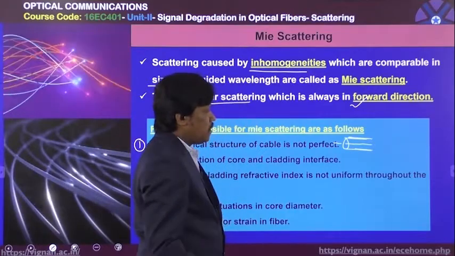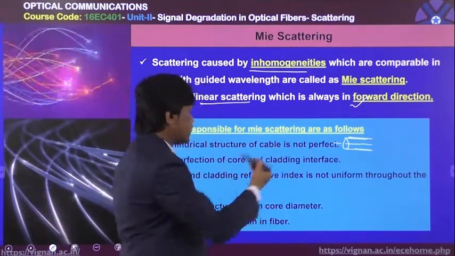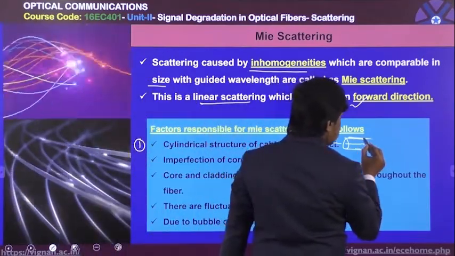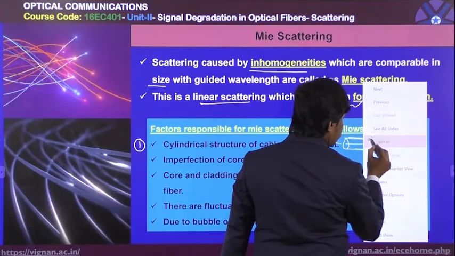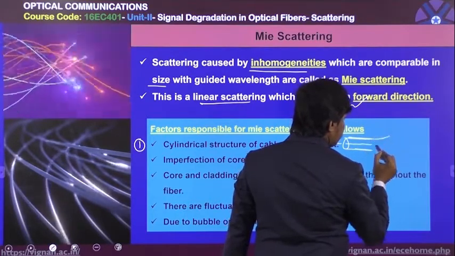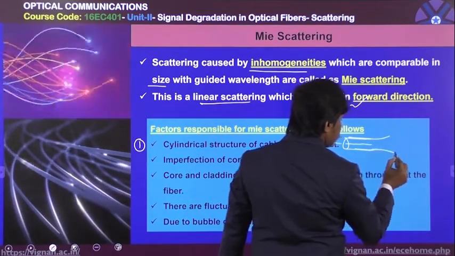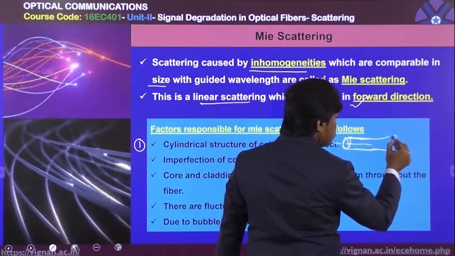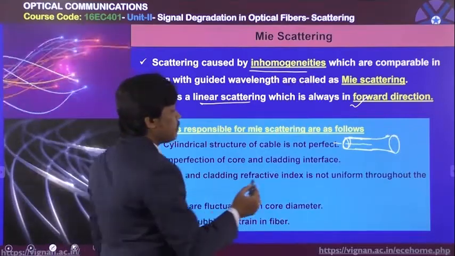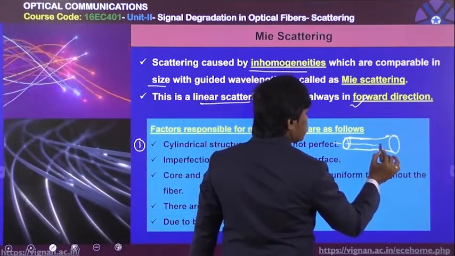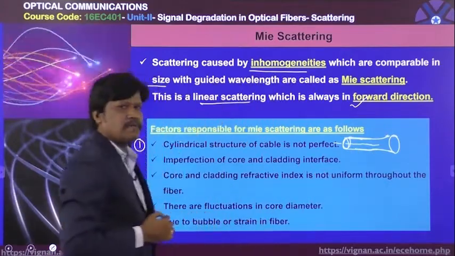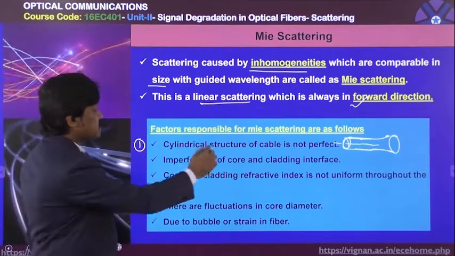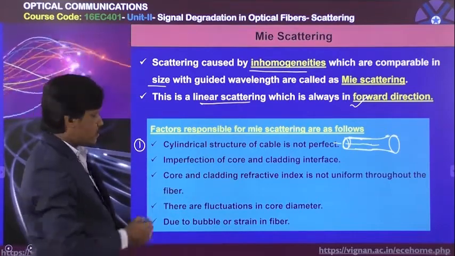After a certain length, the core diameter of the optical fiber cable may vary from the starting point to some other point. So the cylindrical structure of the cable is not perfect.